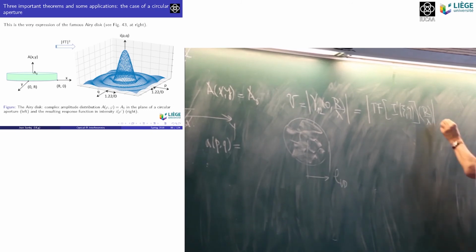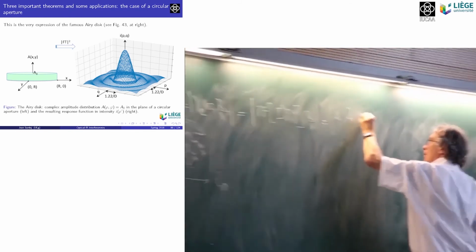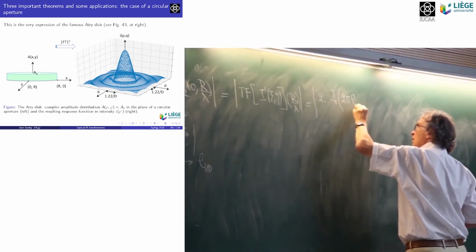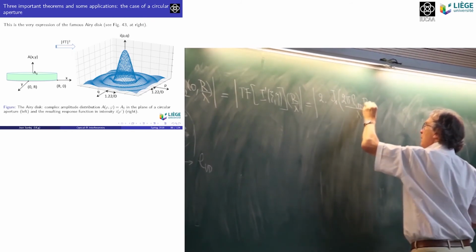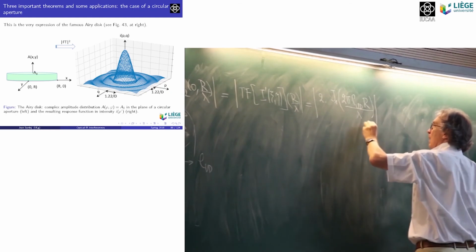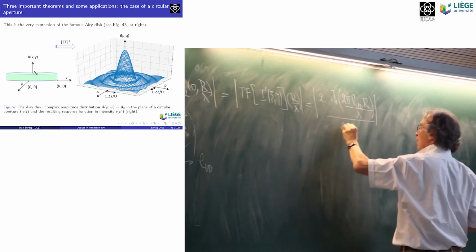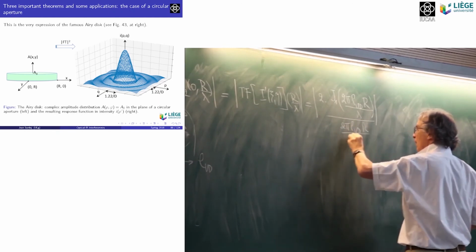And we found that it was equal to the module of 2 times the first order Bessel function of 2 pi multiplied by rho of UD times R divided by lambda, everything divided by 2 pi rho UD R over lambda.